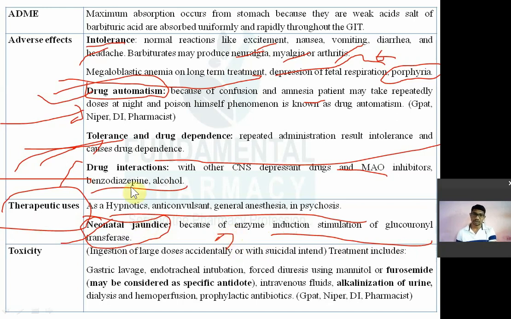याद रखो इसको, इसके बारे में क्वेश्चन ऑलरेडी आ चुका है. Toxicity: ingestion of large doses accidentally or with suicidal intent. मैंने बहुत बार बोला है आपको, पॉइजनिंग भी due to different intent. It may be because of profession, for example in farming, when you spray any insecticide it accidentally comes on your skin. Poisoning may be accidental, you don't know what it is and you ate it, or suicidal or homicidal, someone fed it to you to kill you without your knowledge.